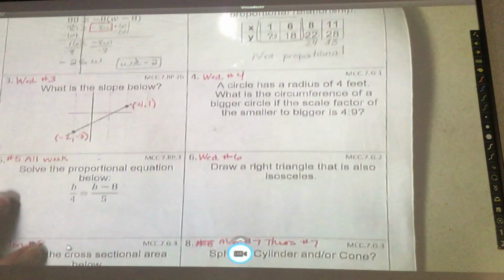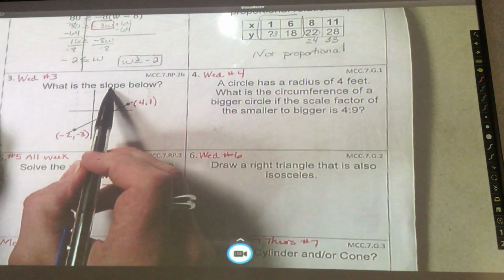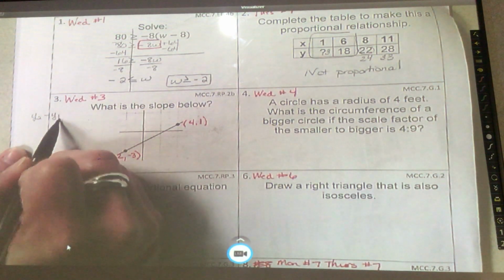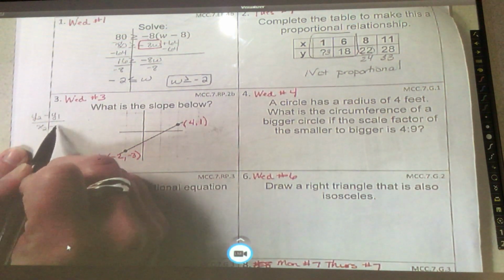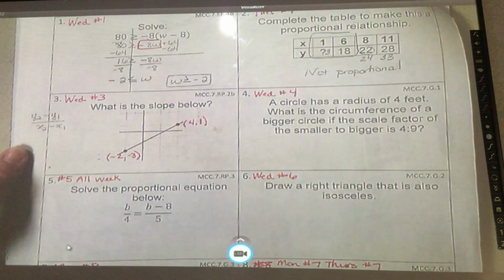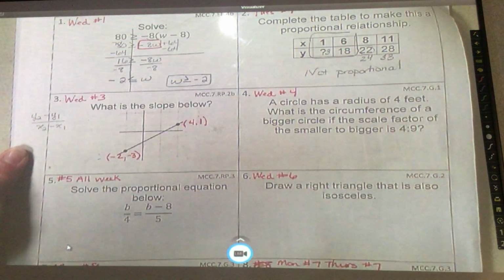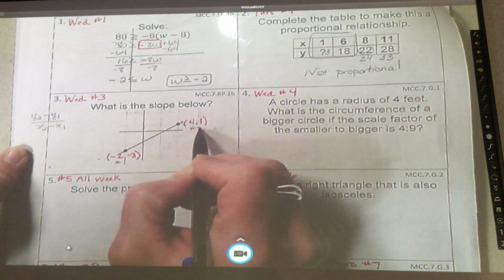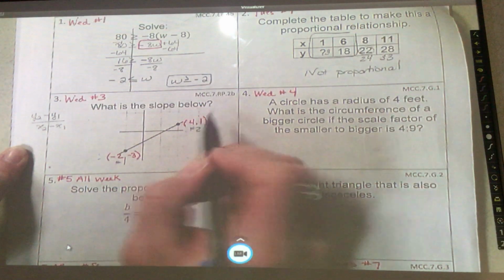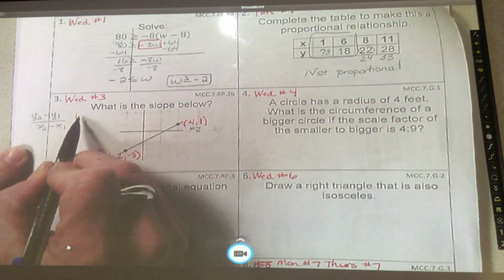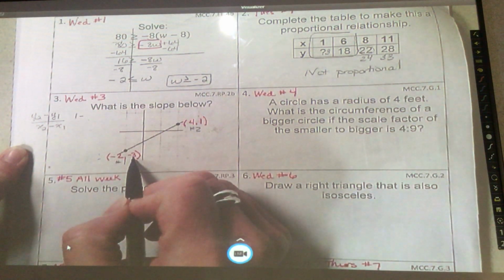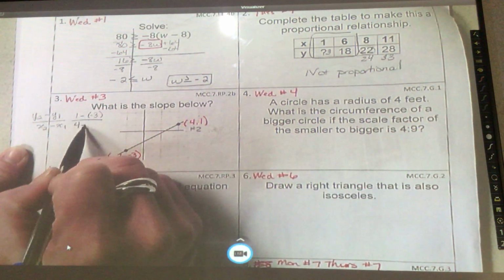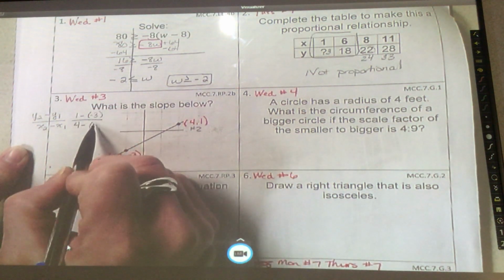I gave you the points to find the slope. So it's y2 minus y1 over x2 minus x1. Hope you wrote the formula down. So these are points number 1, because you always read it left to right. These are points number 2. So y2 is 1 minus y1 is a negative 3. x2 is 4 minus x1 is a negative 2.